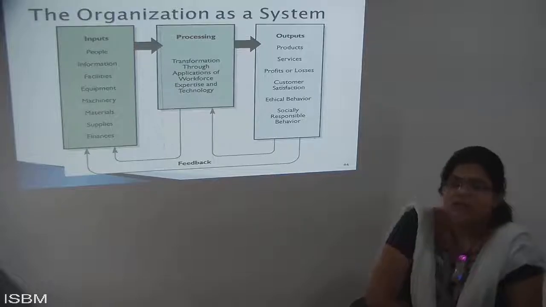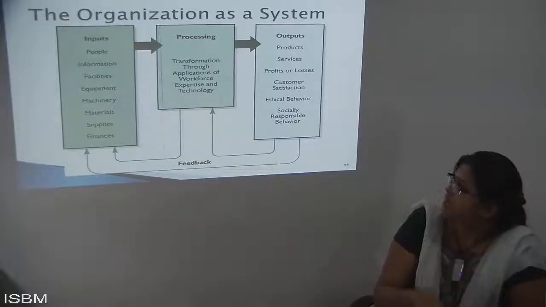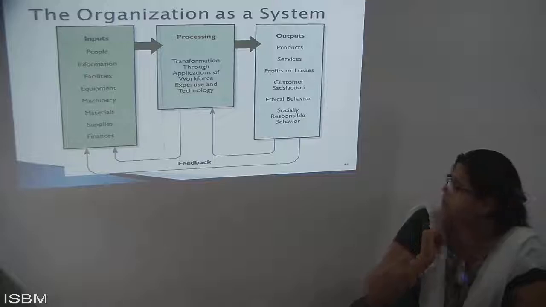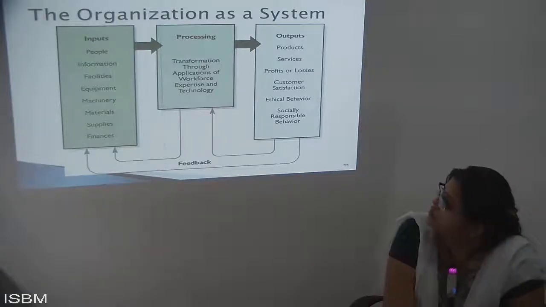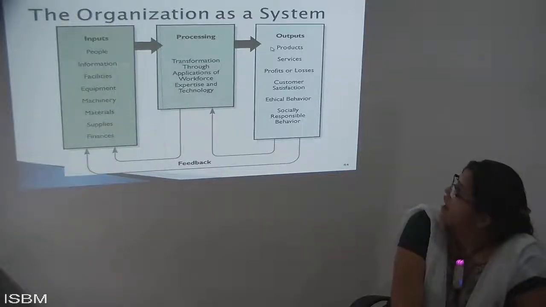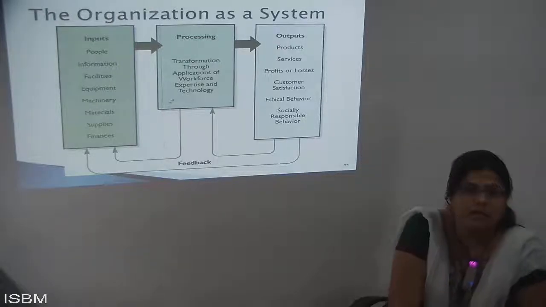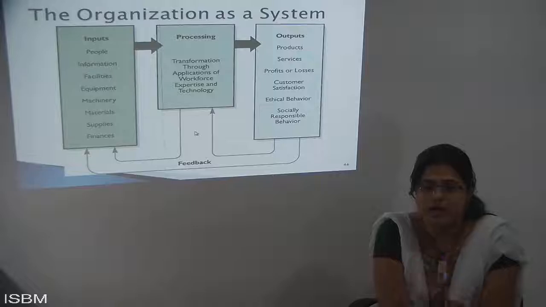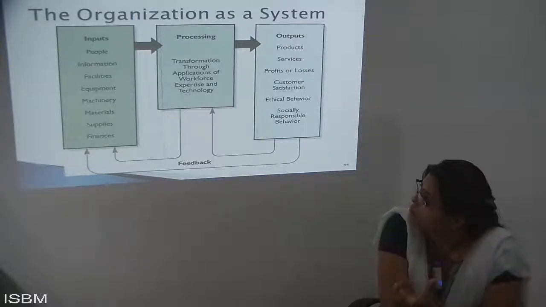Now, in the organization you have three systems, as we have already learned previously. First it is input, then processing, and then output. Input is people, information, facilities, equipment, machinery, materials, supplies and finance. Next is processing, transforming the workforce, expertise and technology, meaning you are analyzing and putting in this type of input and this type of process.